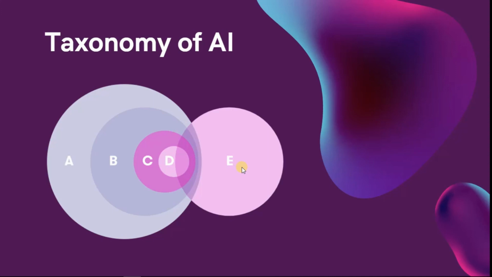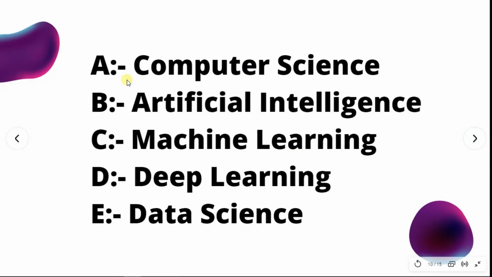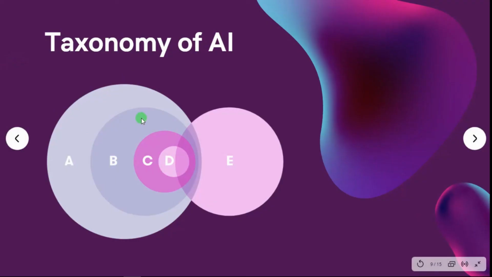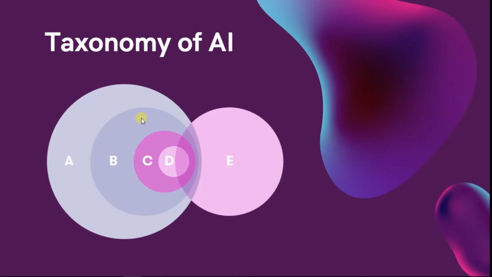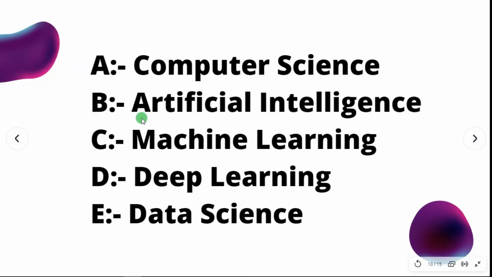Time's up, time's up. Now let's talk about all these letters and what is the significant field related to each of them. Have you guessed the A field? Exactly. A is computer science, the core of all the fields. B is artificial intelligence, which is a subfield of computer science, as explained earlier.